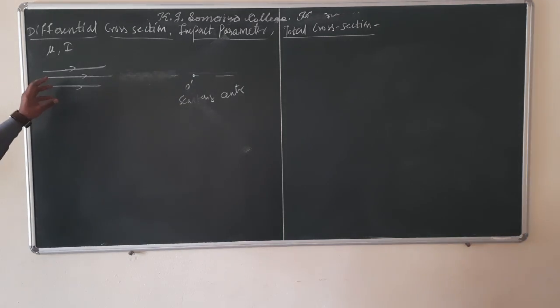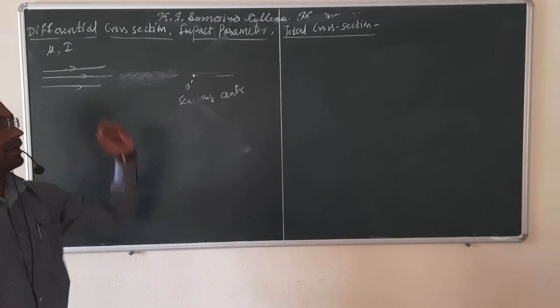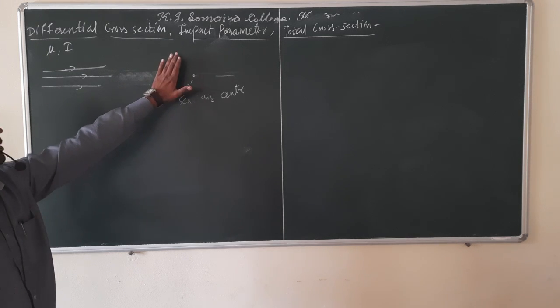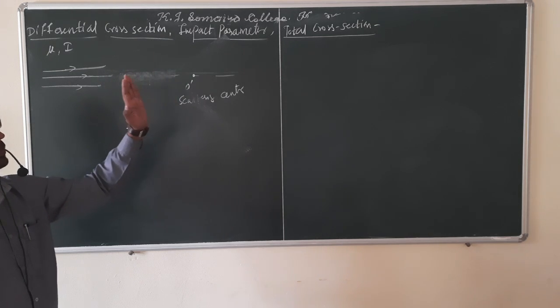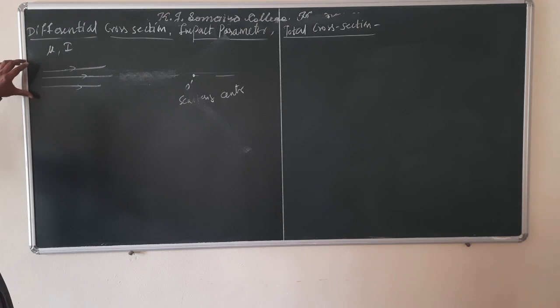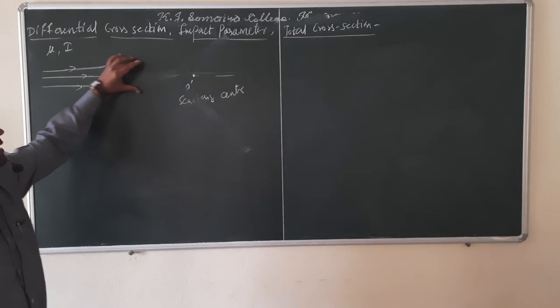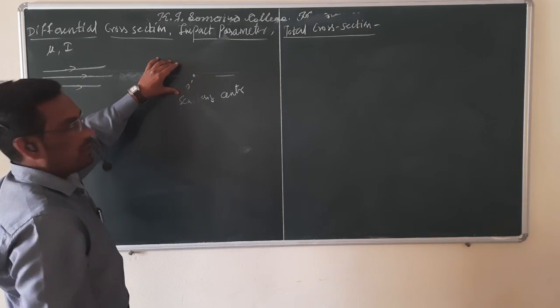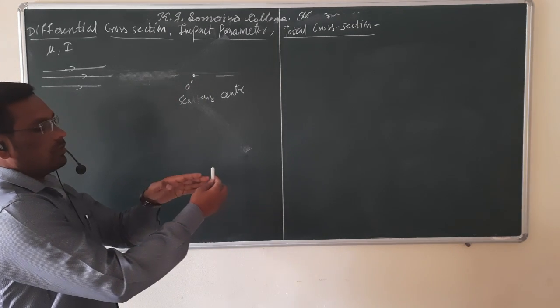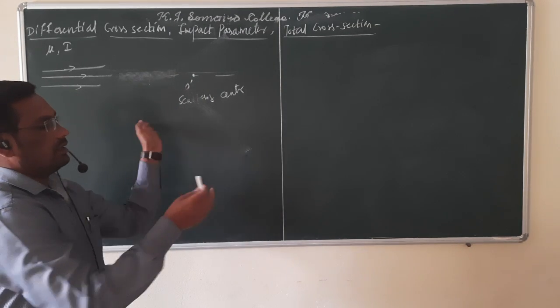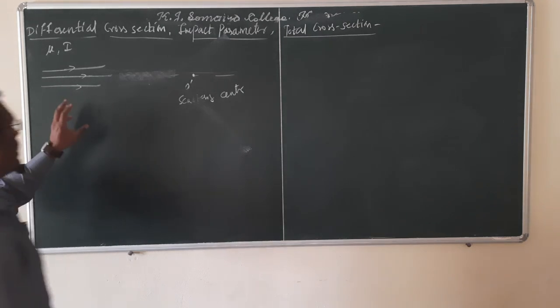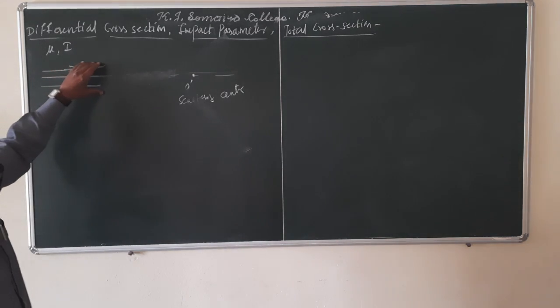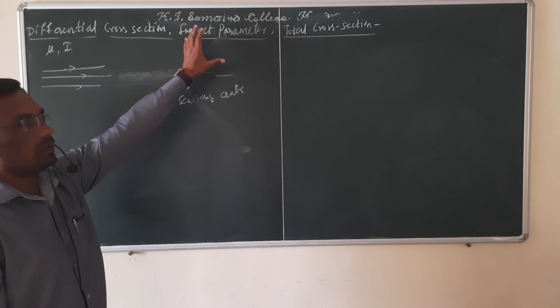So particles are scattered in all 4 pi directions. On the blackboard we cannot show all those directions. If you take a flow of water coming like this, and there is some obstacle in the way, you can see that water flows in all directions. In that way, the particles are scattered in all directions.